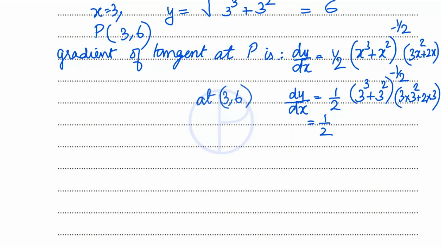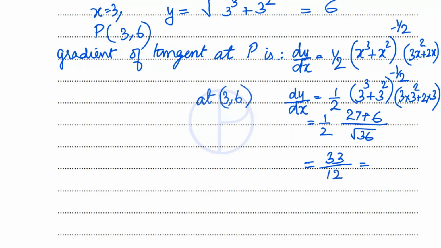Bring the negative power to the denominator, so we get 27 plus 9, which is square root of 36. And the numerator, 3 multiplied by 3 square, which is 27, plus 6, 33, divided by 2 multiplied by 6, so 12.